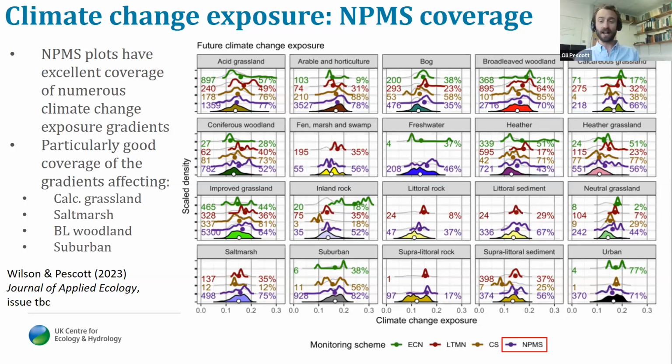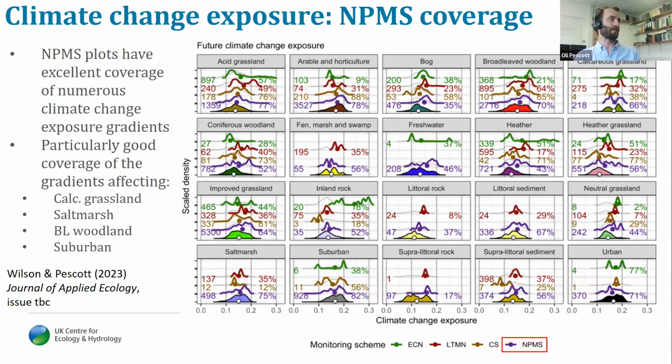So the next stage is to say, okay, we've got excellent coverage in acid grassland, arable margins, broadleaf woodland, and calcareous grassland, just to go along that top row there, in terms of large percentages for the NPMS in purple, 77% for acid grassland, for instance, and then direct our focus on your plots so that we can start looking specifically to answer questions about the impacts on those plots.